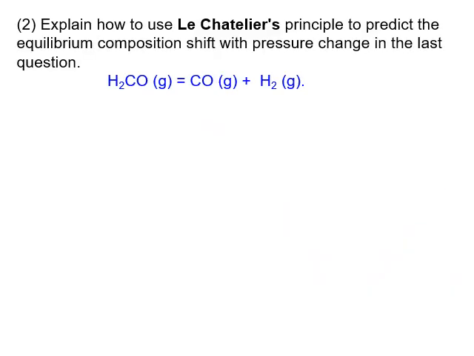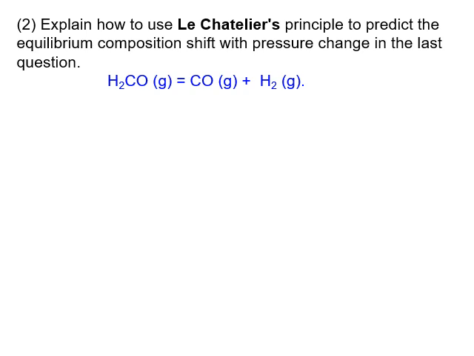Explain how to use the Le Chatelier principle to predict the equilibrium composition shift with pressure change in the last question. So in order to look at the temperature dependence as in the last question, we look at whether the reaction is endothermic or exothermic, and add heat to either the reactants or products. Now if we look at the pressure dependence, then we look at the change in the number of moles and see how this affects the pressure.